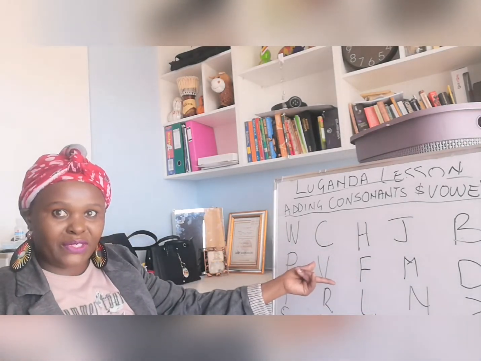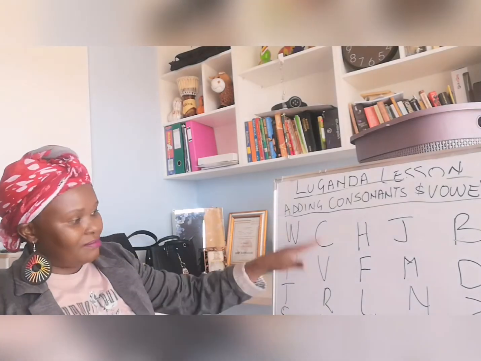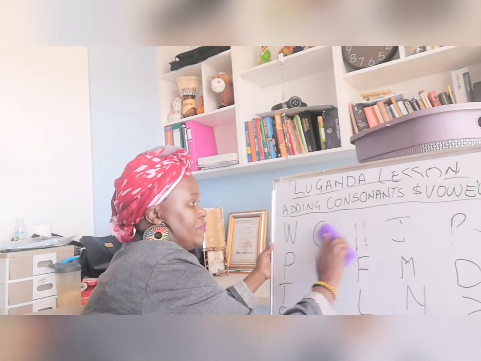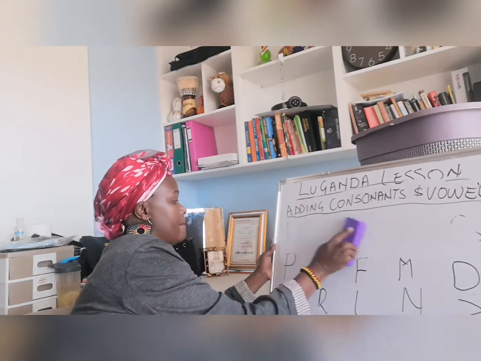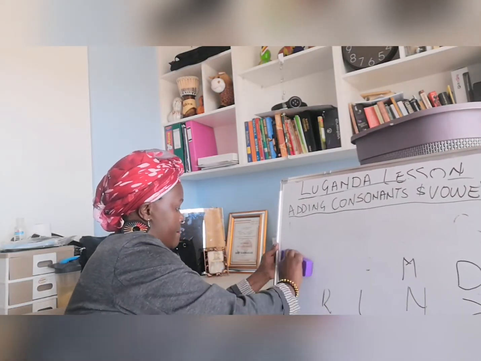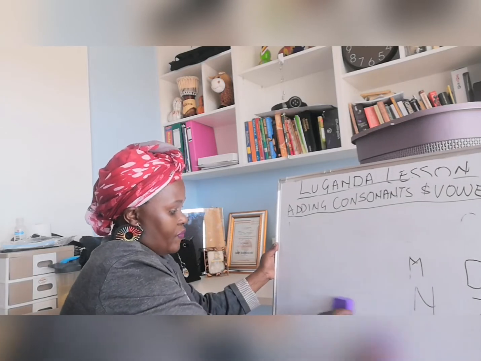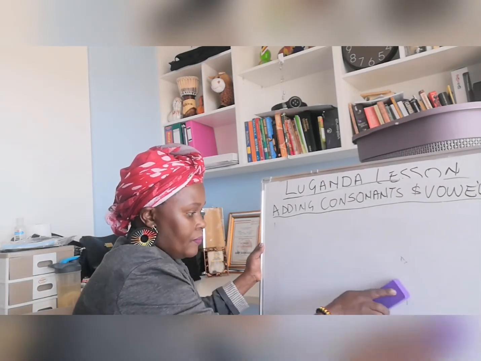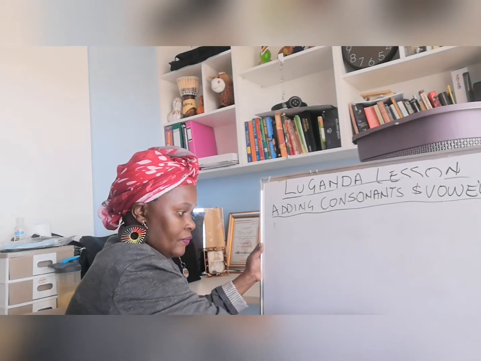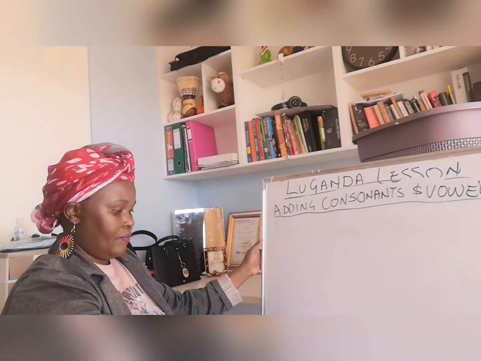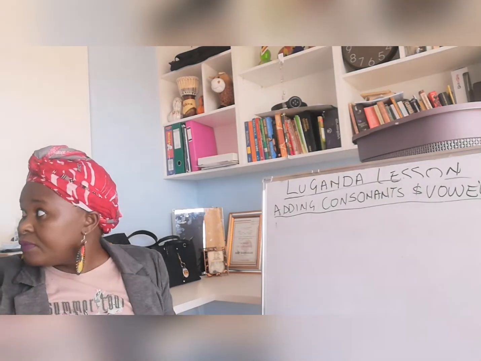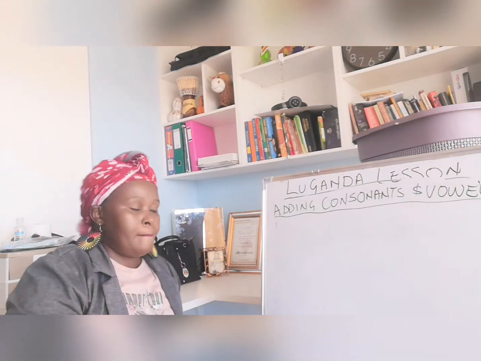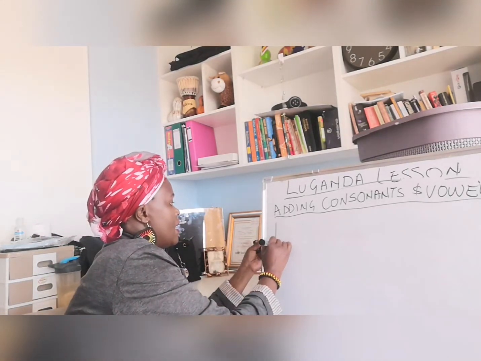We've seen the vowels, so we are going to use these letters to add and create a sound. I'm going to start with ba.